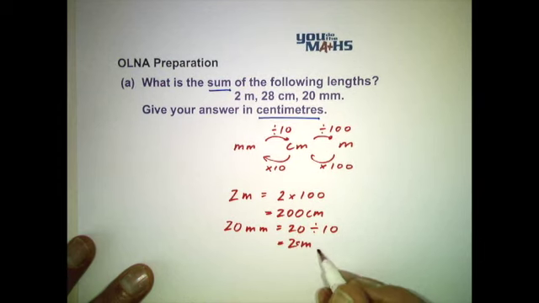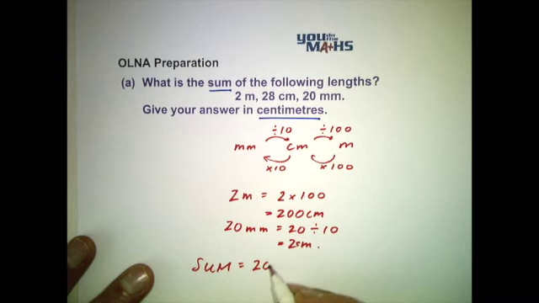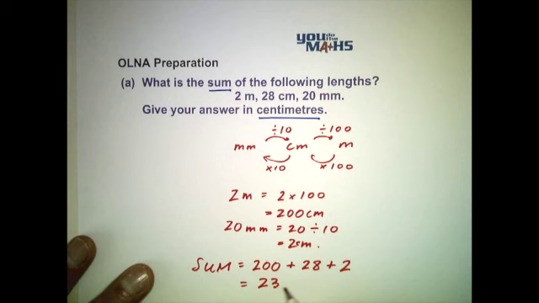And we'll put centimetres there. So our final amounts have to be added up to get the sum. And those amounts are 200, and we've got 28, and also 2. They're the different amounts in centimetres. When we add those up, we get 230 centimetres.